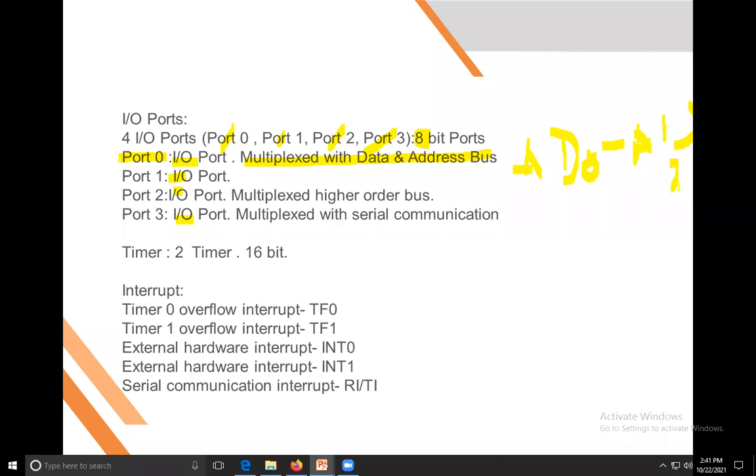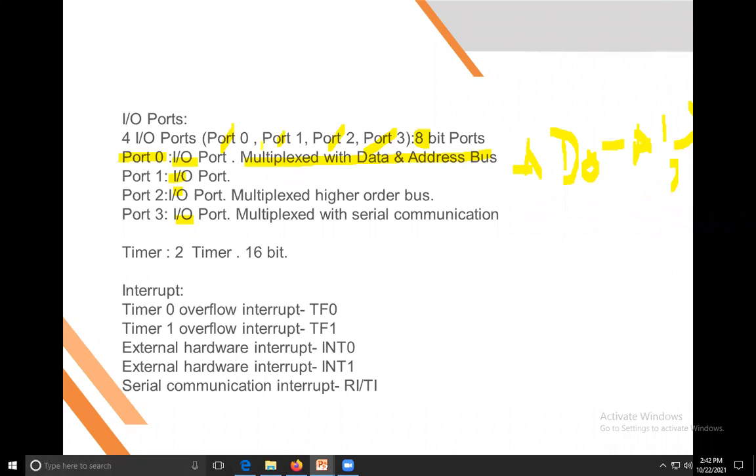If you are designing a controller, there are only two aims. First, you have to reduce the size of your circuit, and another aim is to increase the speed of calculation. Cost is another part, but the main aim is to increase the calculation speed of the data and reduce the size of the processor. So this is the multiplexing of data and address bus.